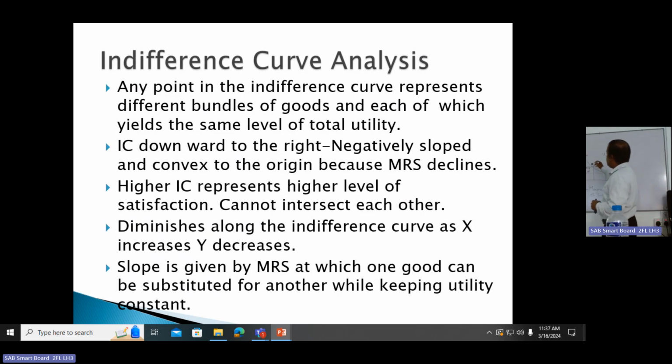How are you going to substitute? When you increase the consumption of product X, you have to sacrifice the consumption of product Y. Why? Because you need to maintain the same level of satisfaction.